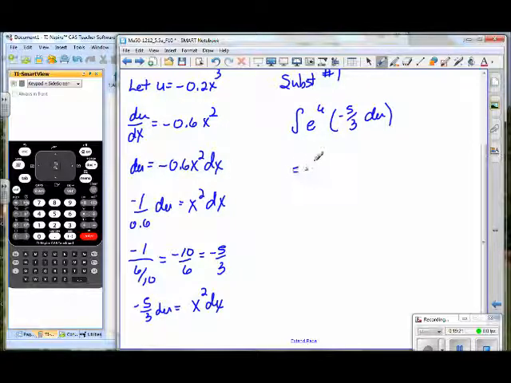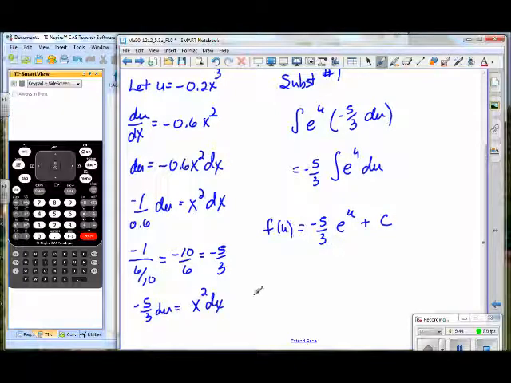Looking at this, we can say it's negative 5/3, the indefinite integral of e to the u du. Once again, what function generates e to the u as a derivative? And we would have, of course, the same thing. Derivative of e to the u is itself e to the u plus c.